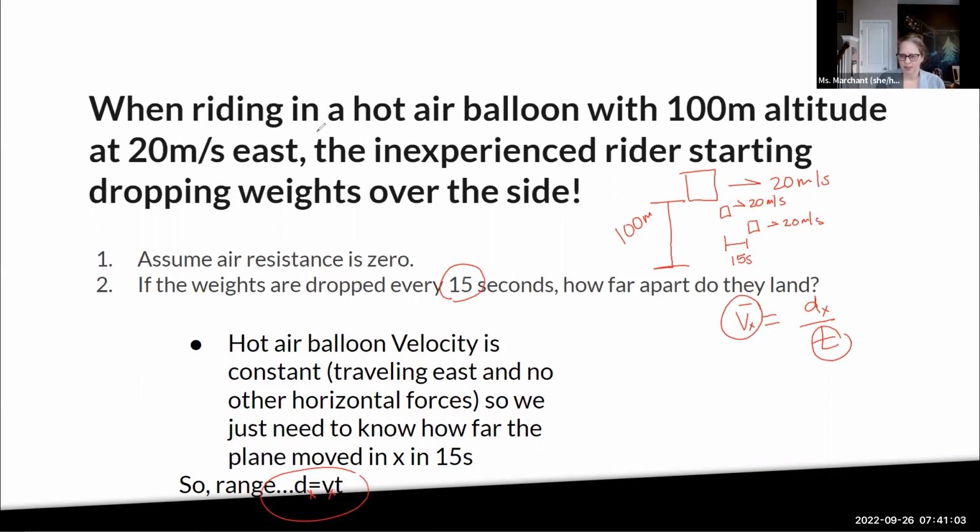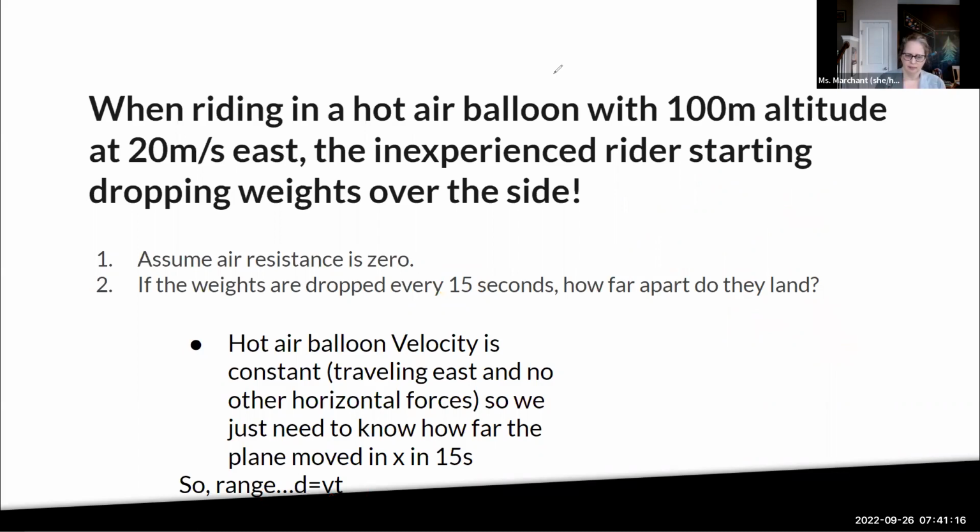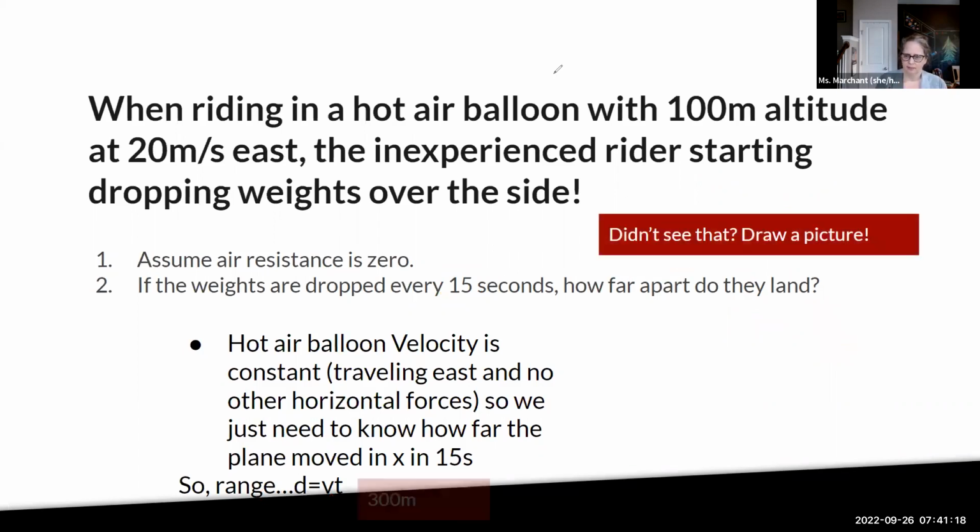Every time you can do that. Just remember, the x's have to go with the x's, so I can't put the altitude here for the distance because that is the distance in the y. And there you go. So you have that if you want to check that out later.